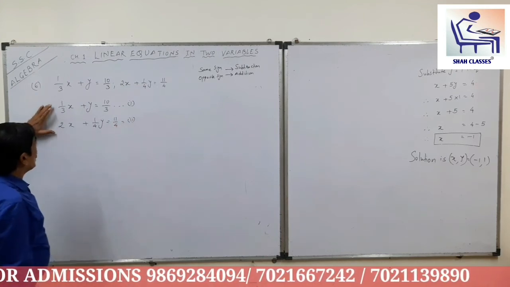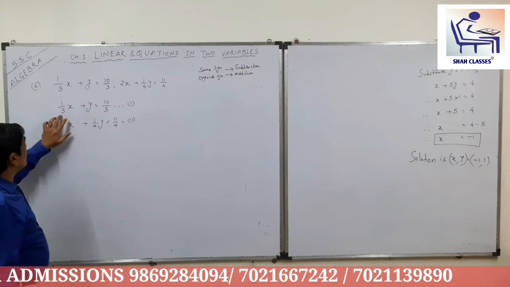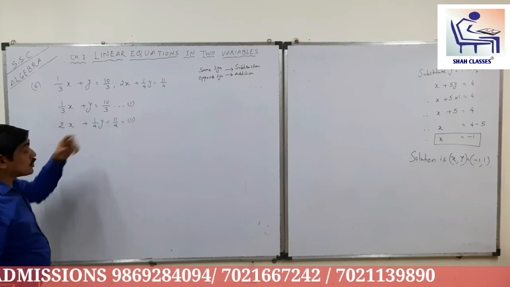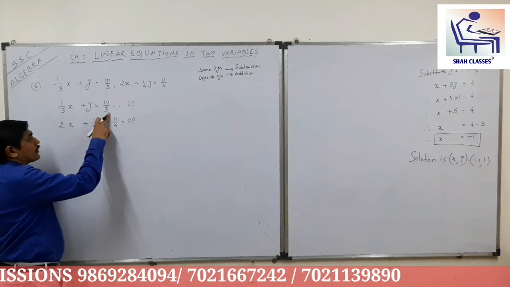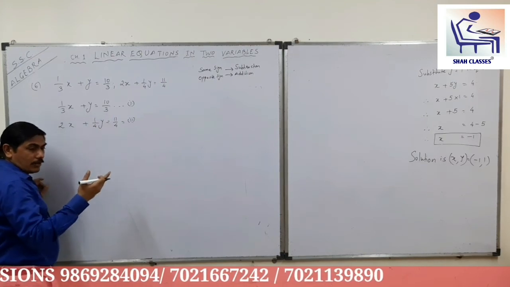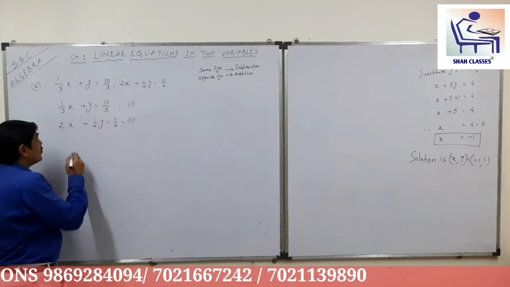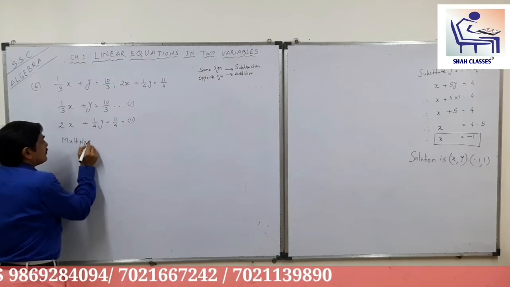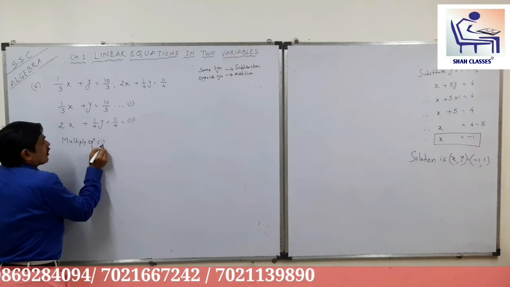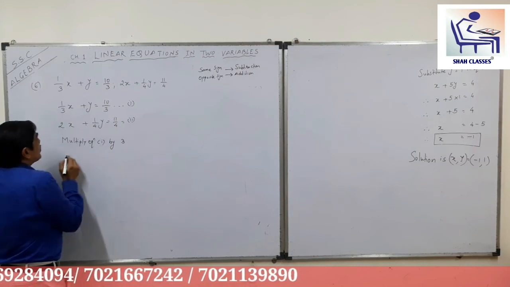Now, as you have noticed, in the denominator there is 3, which we want to remove. And to remove this denominator, we have to multiply by the same number. So, multiply equation 1 by 3.